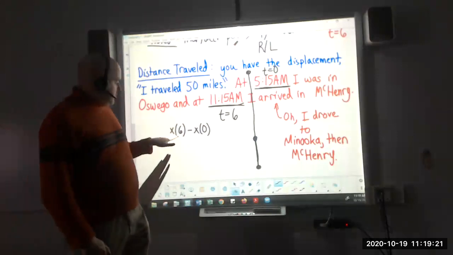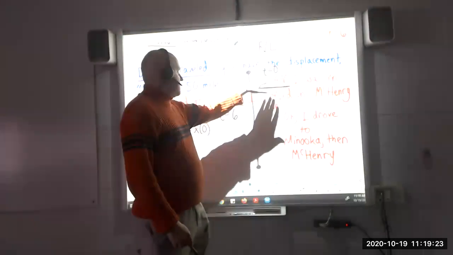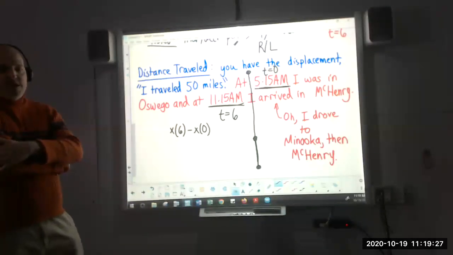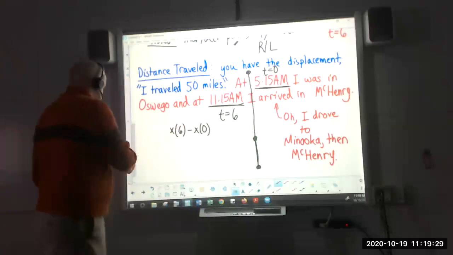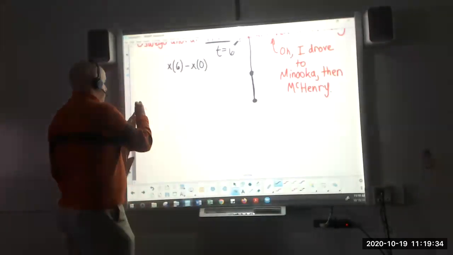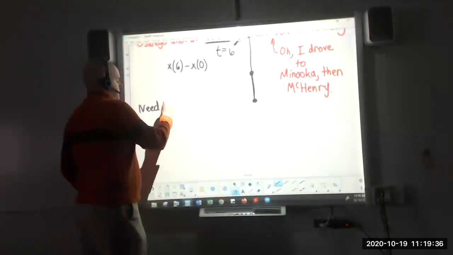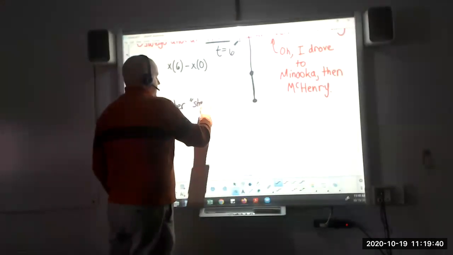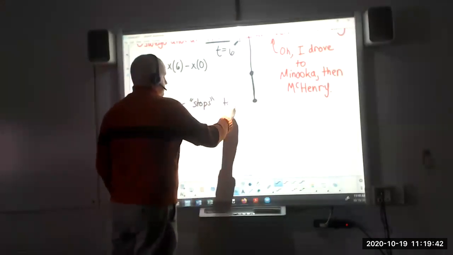So if we're just looking at the starting time location and the stopping time location, there's a lot of crucial information that's left out. We need the other stops to get the distance.